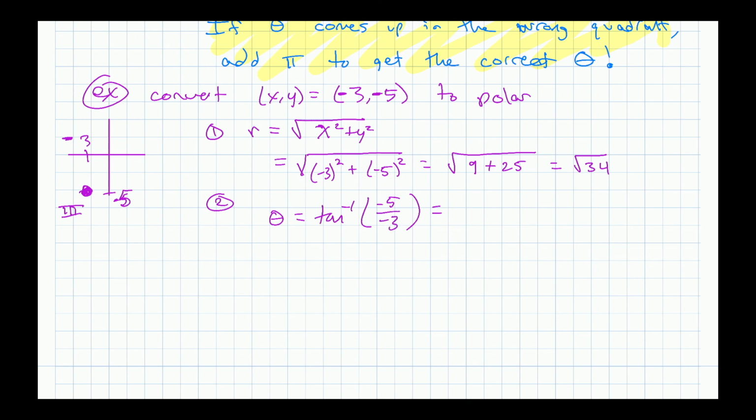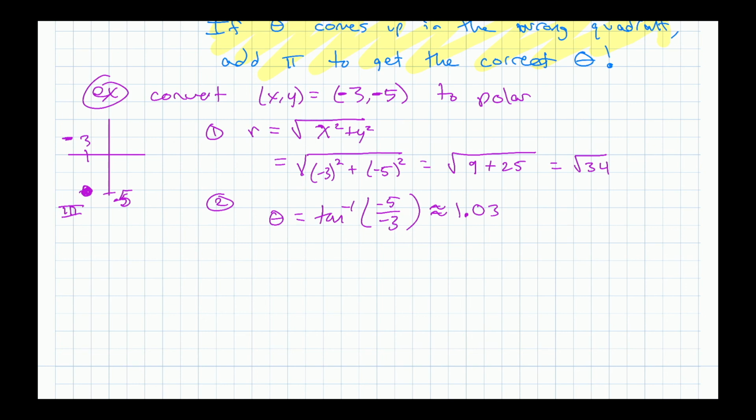I have an extra negative sign now. You calculate that, 5 over 3, and you get, again, it's not a good number. It's just a number, approximately 1.03. Okay, approximately 1.03.